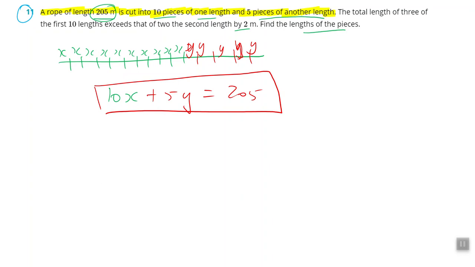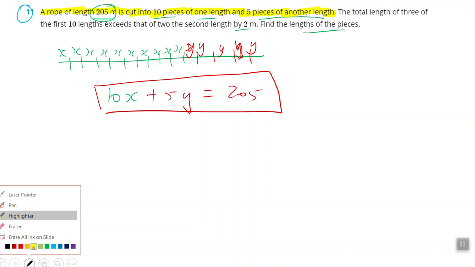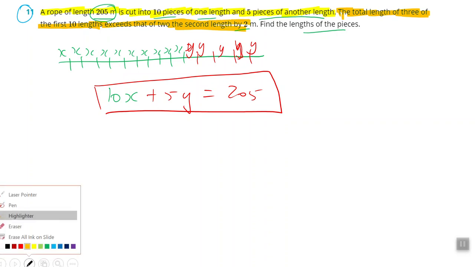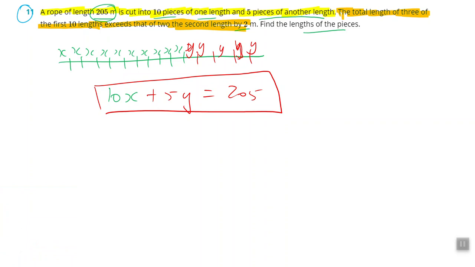We've also got another piece of information, which is the second line: the total length of 3 of the first lengths exceeds that of 2 of the second lengths by 2. Let's interpret this.